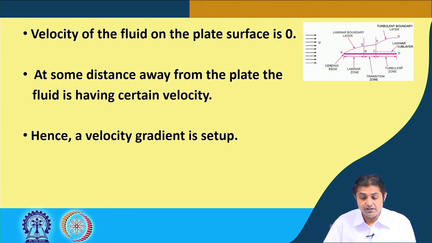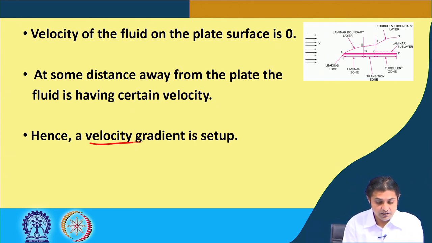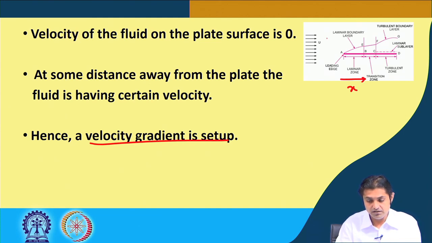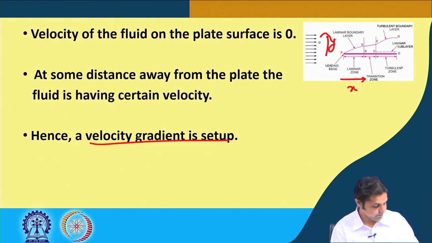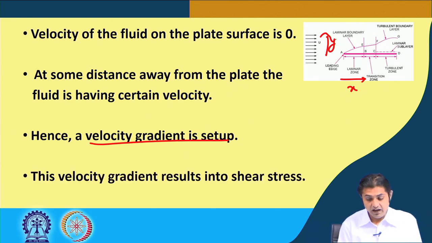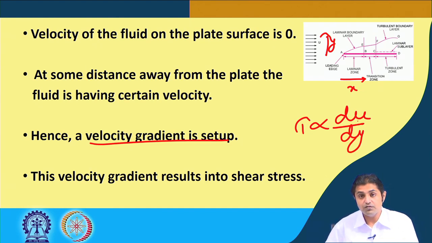Because of the existence of this velocity, a velocity gradient is set up. This is the x direction, let us say, and this is the y direction. This velocity gradient results in shear stress, because shear stress is proportional to du by dy, the rate of change of velocity with the distance normal to the flow.